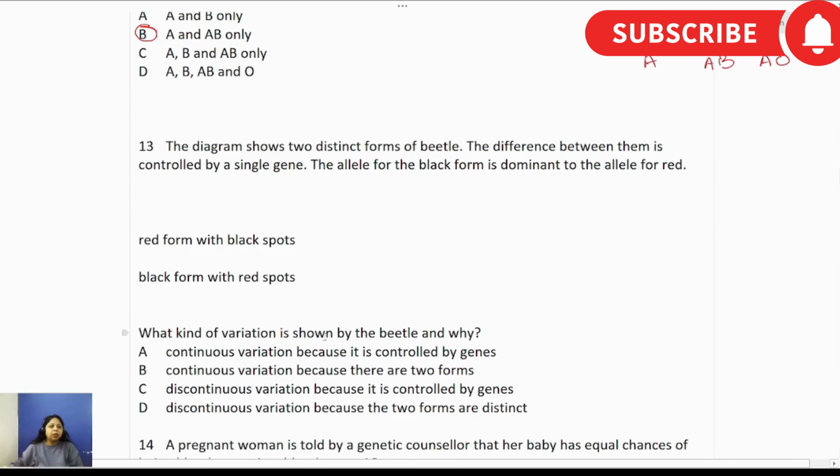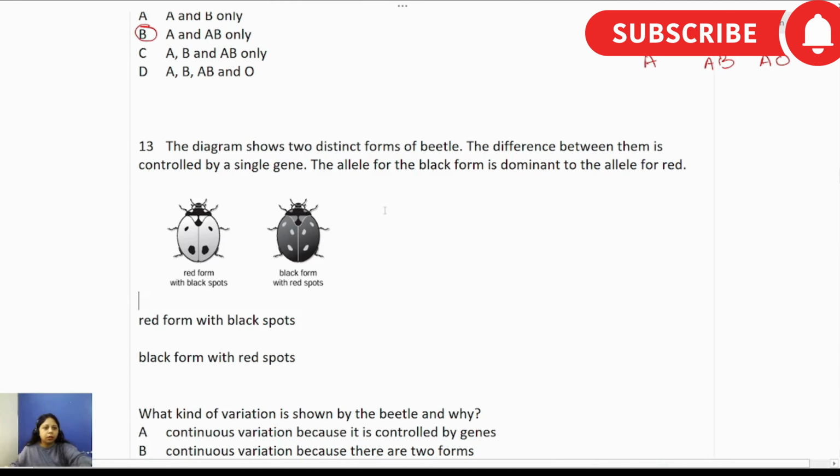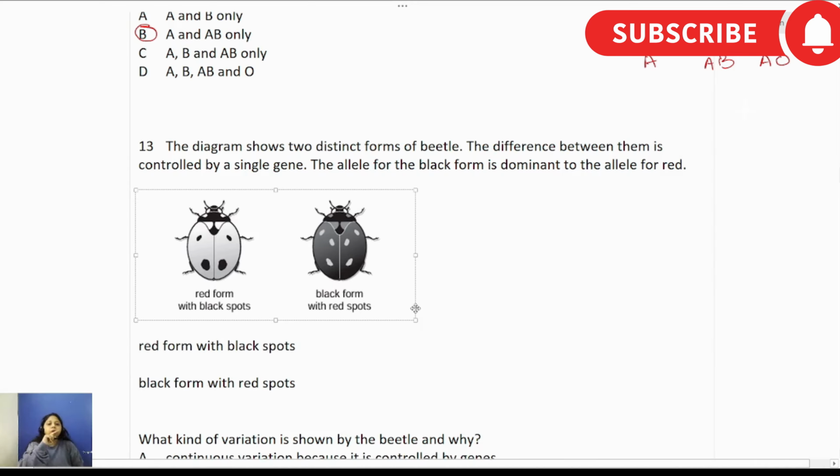Next one, the diagram shows... Let me copy the diagram. Okay, so there are the ladybugs. These are the ladybugs. The diagram shows two distinct forms of, not ladybugs, these are the beetles.